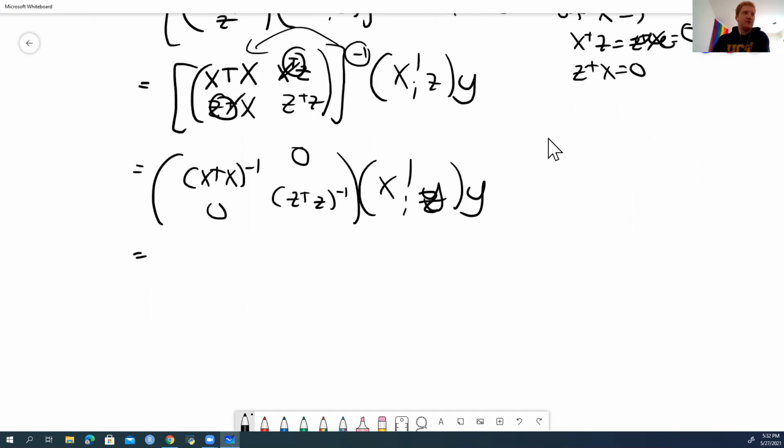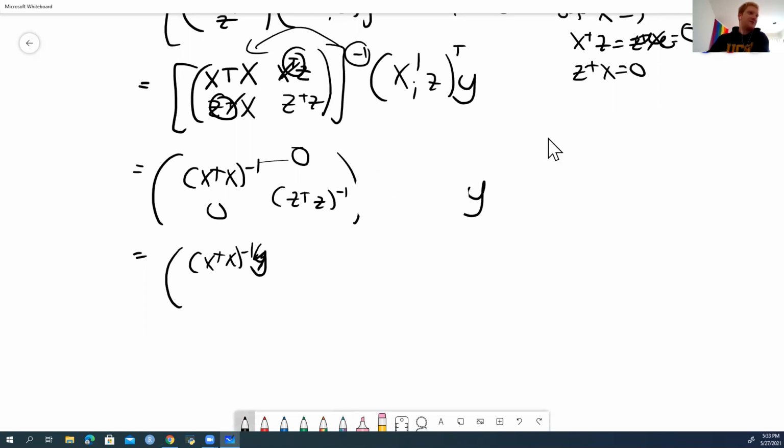If we look at multiplying these matrices, the first row is going to be (X transpose X) inverse times X transpose, plus 0.